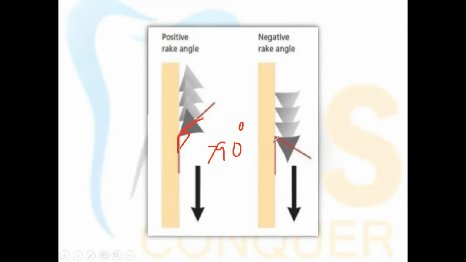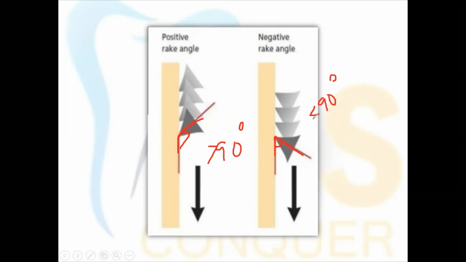And if the angle formed between the long axis of the leading edge and the radius of the cross section of the file is acute, that means less than 90 degrees, then it is considered to be a negative rake angle.